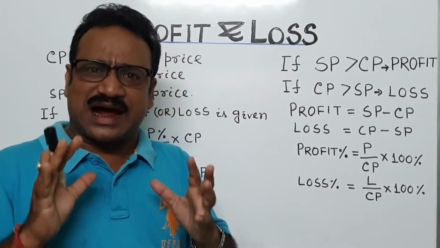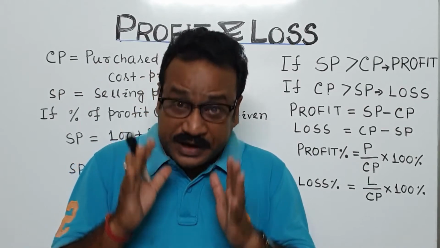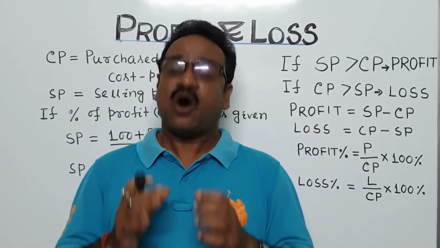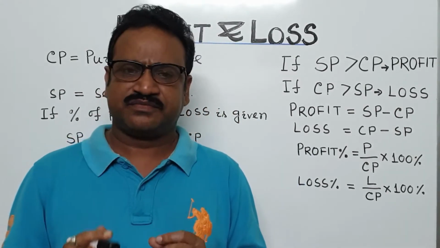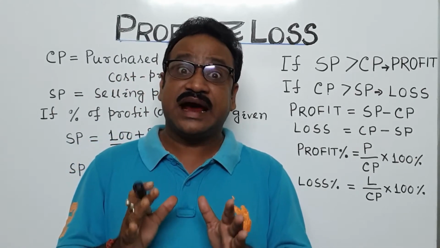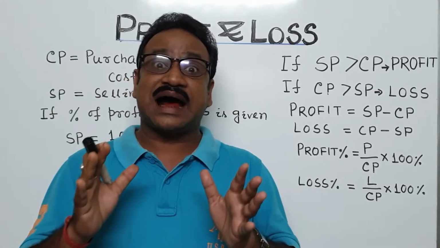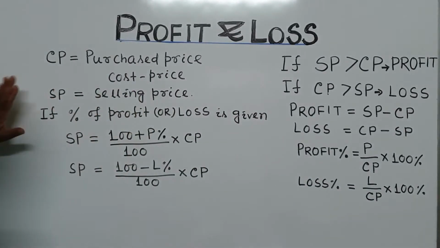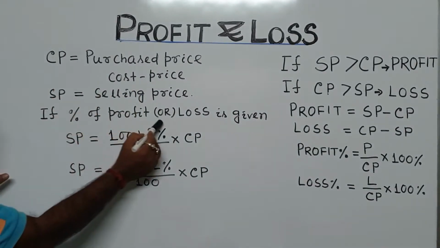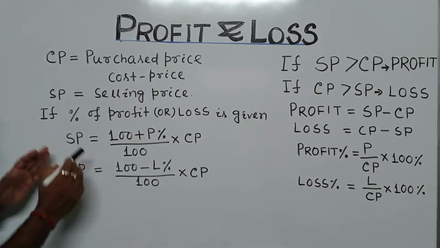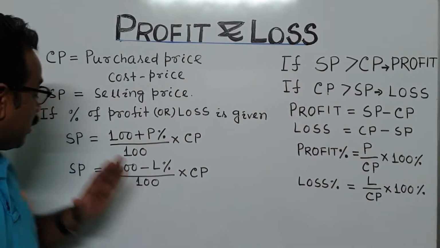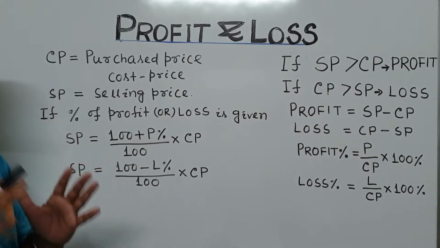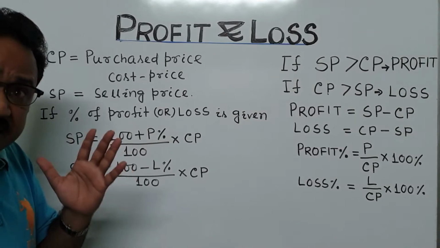Now the question arises, when profit percent or loss percent is given, and CP is given, how can you find out the SP? By using this formula we can find out the SP, the selling price.